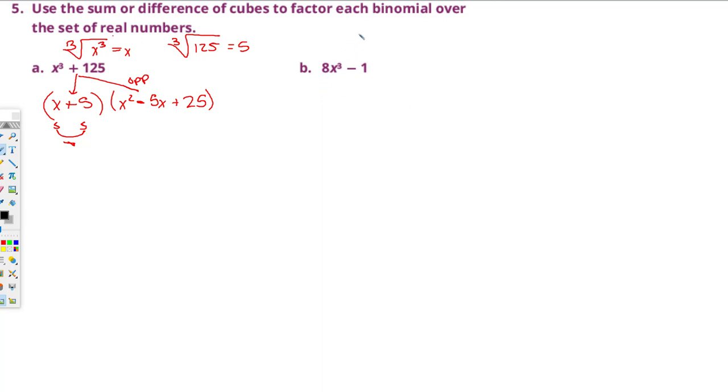So let's kind of talk through it on B. What is the cube root of 8x cubed? What's the cube root of 8? What times itself 3 times gives me 8? 2. So that's 2x. What's the cube root of 1?